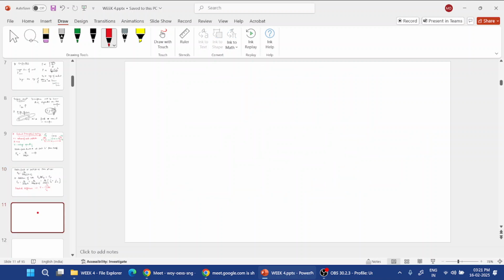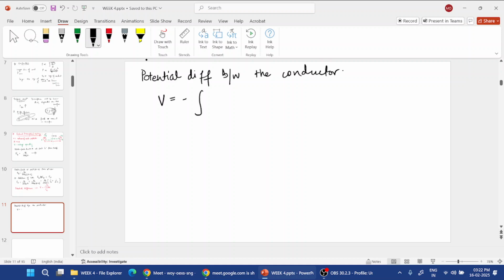So the potential difference between the conductors will be V = −∫ from D−R to R of E dr, or we can flip the limits and write E dx, because here the expression is in x.